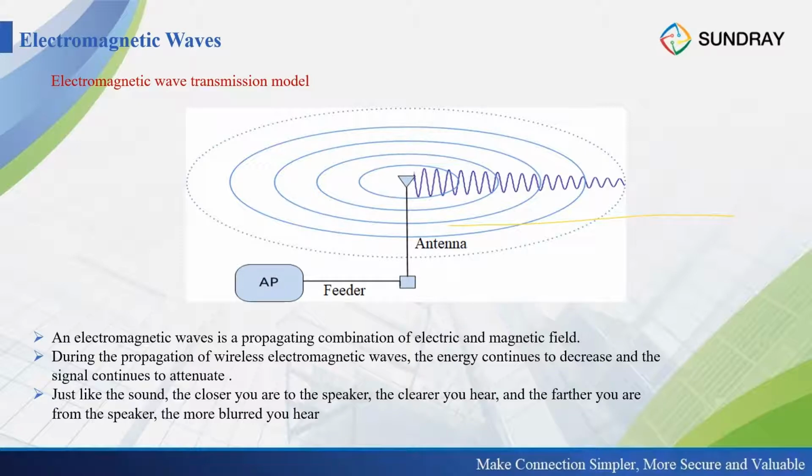So this is the electromagnetic wave. One way to understand it is to consider it like a voice. When we speak, the voice passes through the air, and the farther it travels, the weaker it becomes.